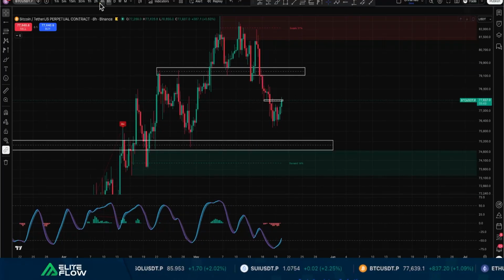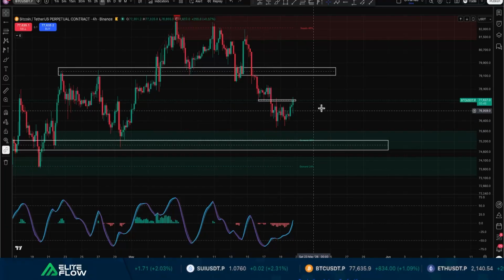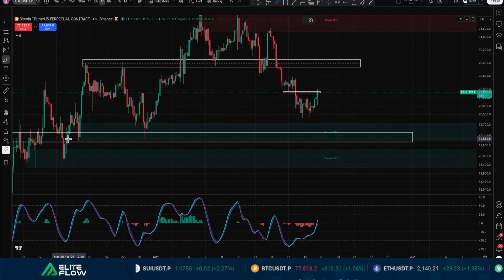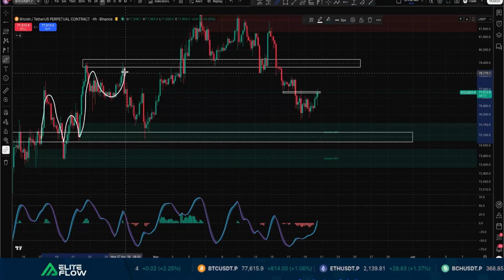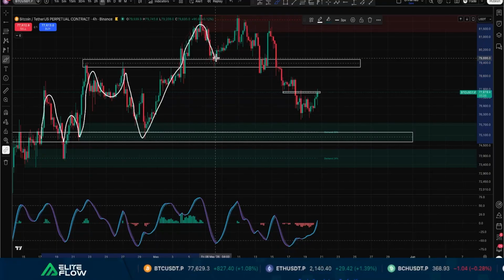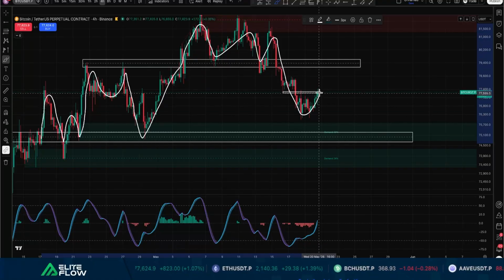Now, having said that, let's zoom in a little bit more, and now we can see how we actually start to create a bit of a pattern. We start to have support, resistance, support, resistance, which we broke, turned into a support, and now we could be going to test potentially.